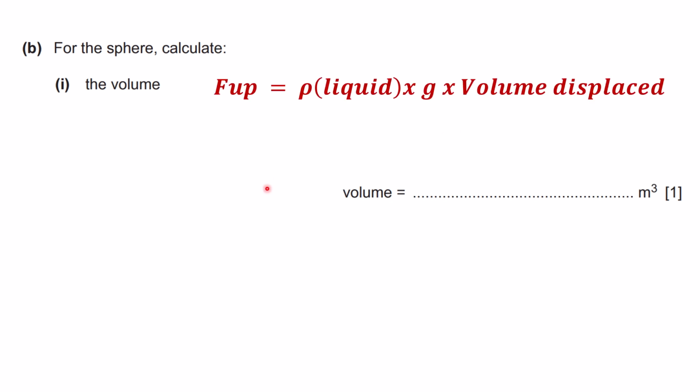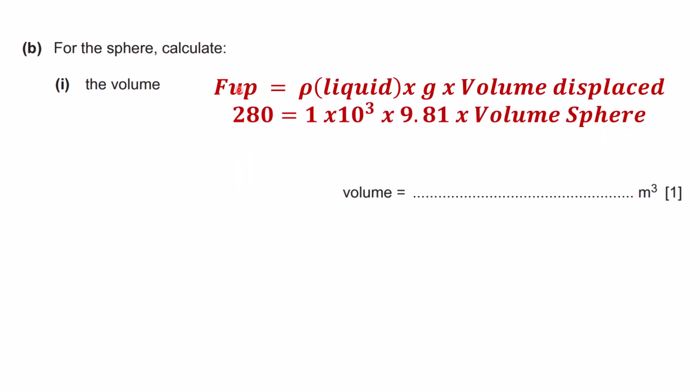So doing the substitutions here, we have the F up is 280, the density of the liquid is 1 times 10 to the 3, gravity, and the volume displaced, which is the volume of the sphere. Now be careful with this question because usually students think this density is the density of the sphere, and it's not.